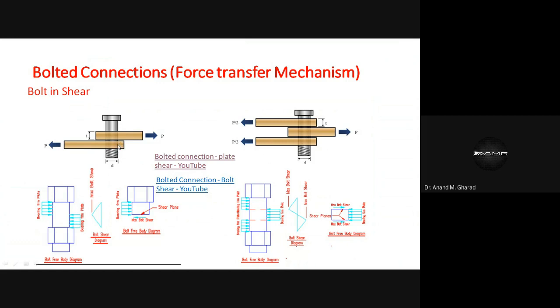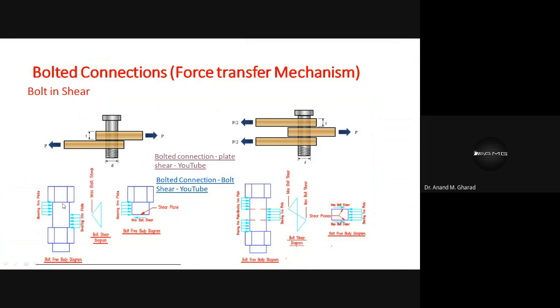Similarly, on this face, you will expect that this face of the bolt will come in contact with this face of the plate, since we are pulling this plate in this direction. Similarly, over here also you will anticipate bearing from the plate. And a typical shear force diagram, if you want to plot, will be in this manner.